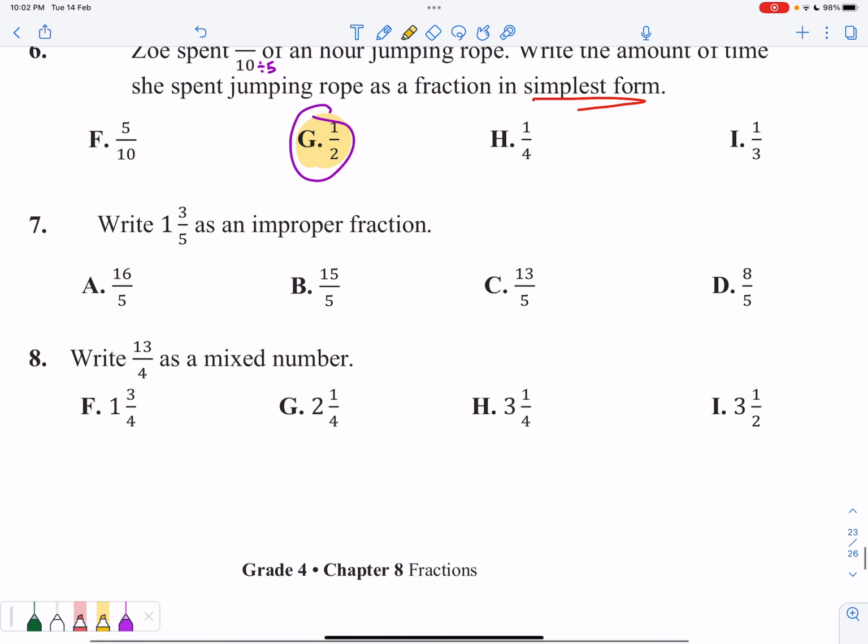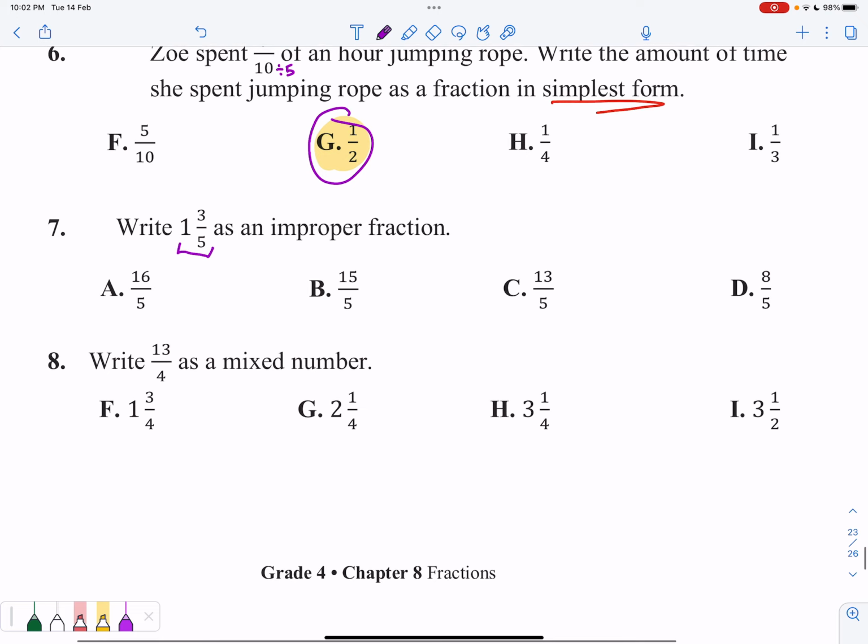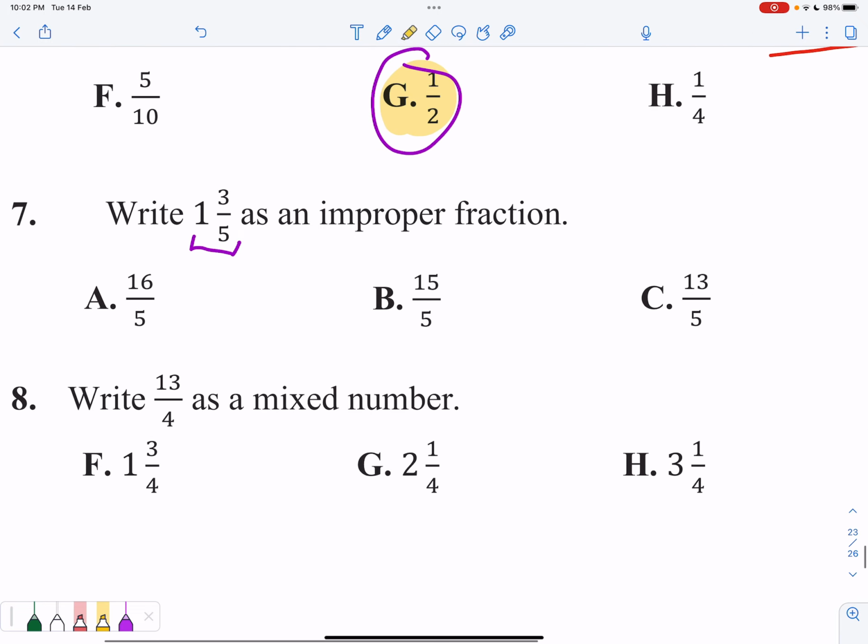So this is one of the things that we learned, how to take a mixed number like that and write it as an improper fraction. Okay, now since you have the number 1 here, this is a whole number, right? And we know that we can take any whole number and write it as a fraction. How?